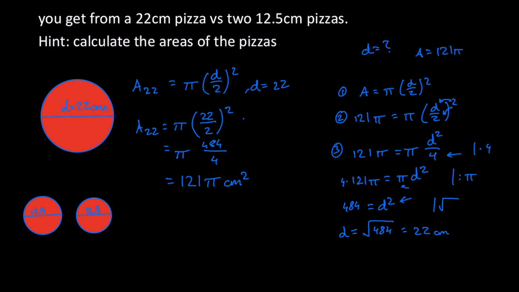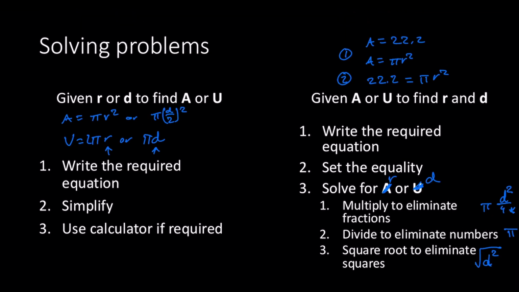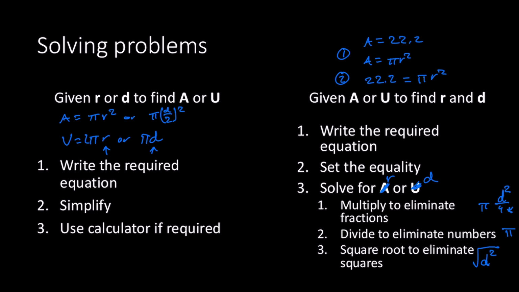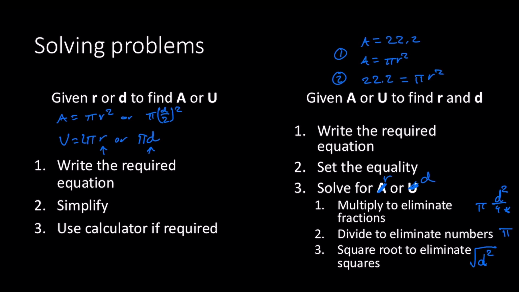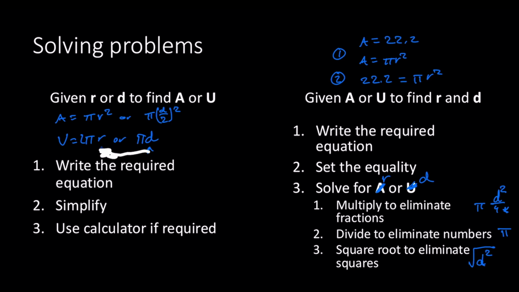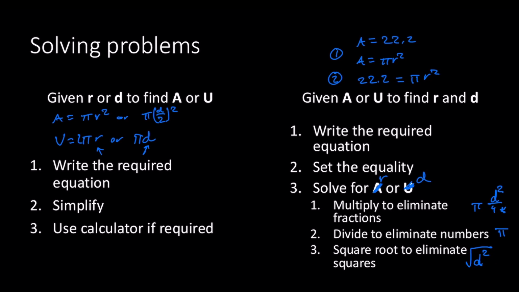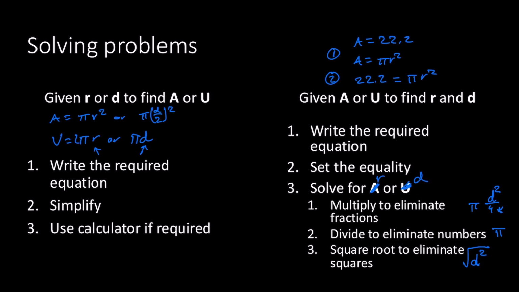That is every single type of question that you could get in the exam. The most important thing is to remember these rules here. If you have to find the area or the circumference, it's easy. You simply write the equation and then you replace r or d depending on what they give you, and you calculate that.